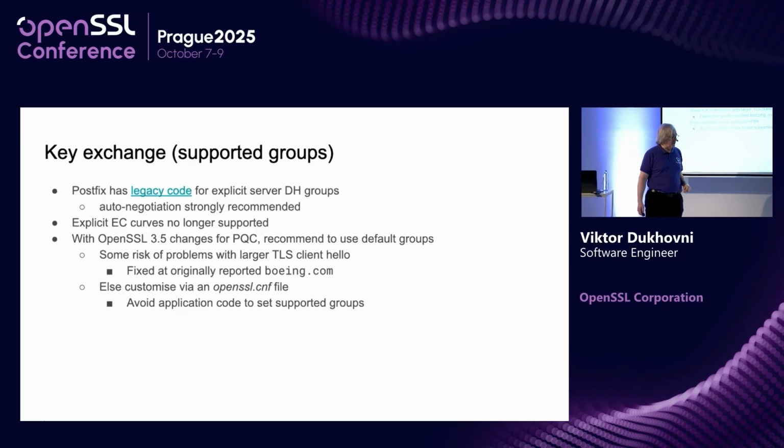So originally I got a report that Boeing.com you couldn't send mail to because their servers were choking on MLKEM key shares. They're not choking on them anymore. There was another site that I was using for testing that had a similar problem. They fixed it. So maybe MLKEM key shares are not so bad because the people who have trouble with them fix them in time for it to be not your problem but their problem, because I guess they encounter it not just with your sender but with lots of others and are forced to fix it.